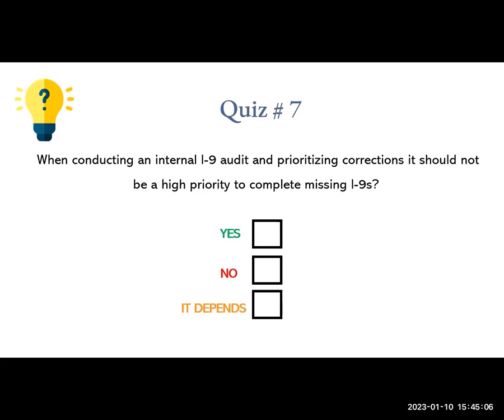Oh, I'm getting some sort of an alert here on my computer. Oh, I see what you're saying. Yeah, so it should not be a high priority to complete missing I-9s. And I'm saying, yeah, the answer should be, it should be a high priority. So I'm going to redo this quiz to make it easier, but it is a high priority.